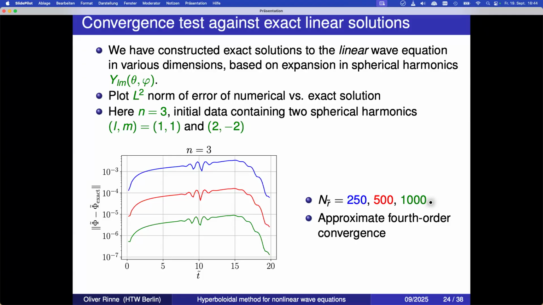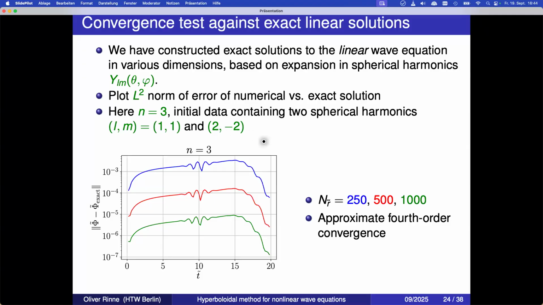The angular resolution is fixed here, because I take the initial data to just contain two modes, Lm equal to 1,1 and 2,-2. You can actually get away with an angular resolution up to L equals 2. This is enough, because it's a linear equation, you won't get any higher modes.